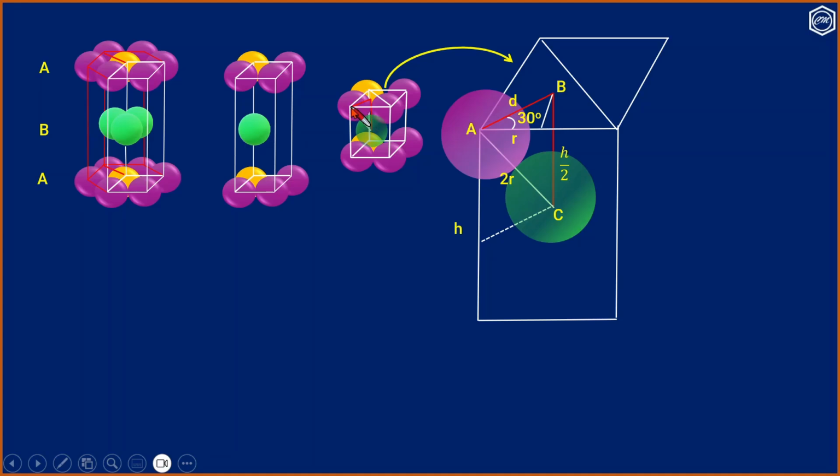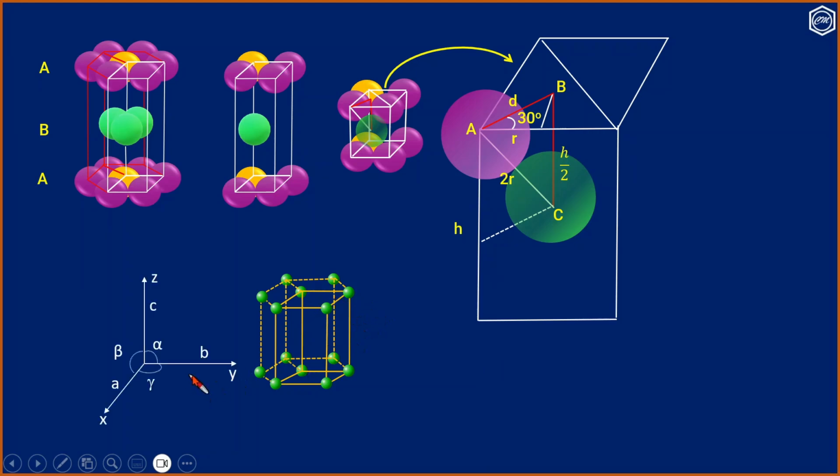So this is the corner atom and this is the middle atom, and this distance is AB. This is the hexagonal system. This angle is 120 degree, so that is alpha, beta is 90, gamma 120, and here this angle will be 120 degree.